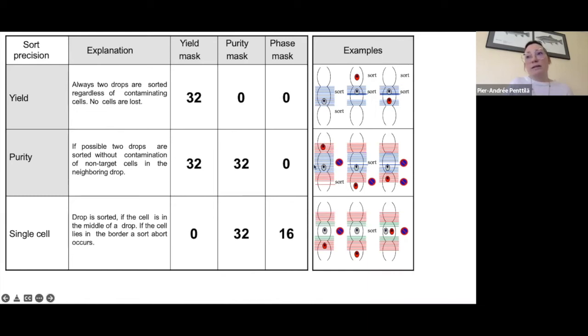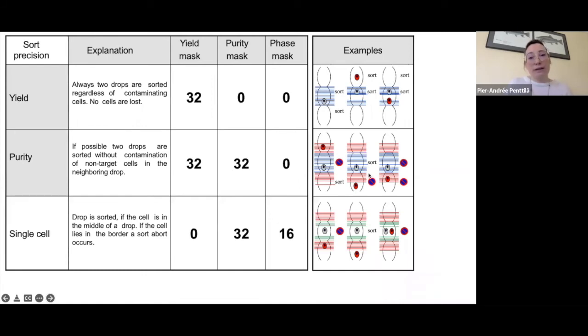And so in this instance, it will actually not sort this target particle because a non-target particle is too close to the drop being unsorted. So the only instance in which it does sort the particle is if the non-target particle is outside this mask or this area of the adjacent drop.